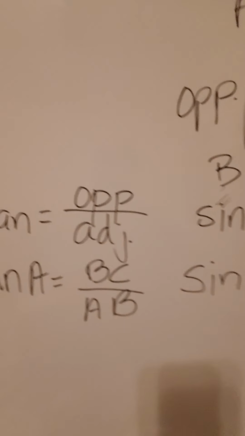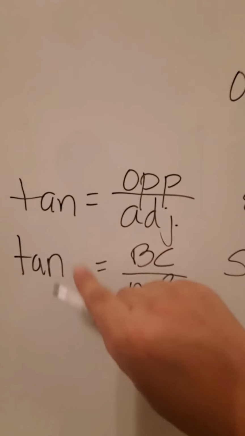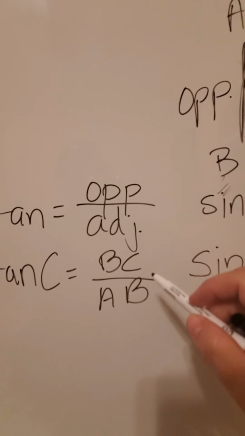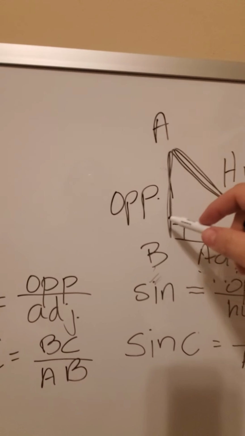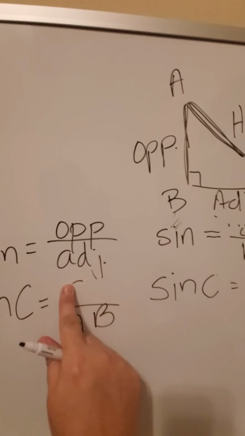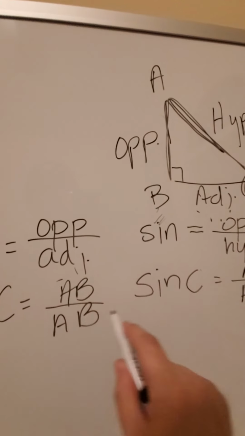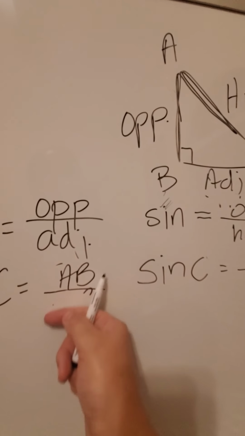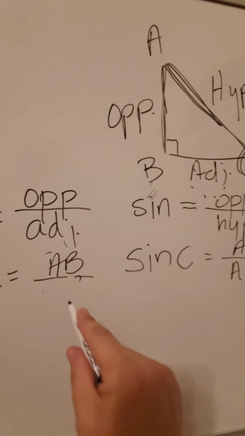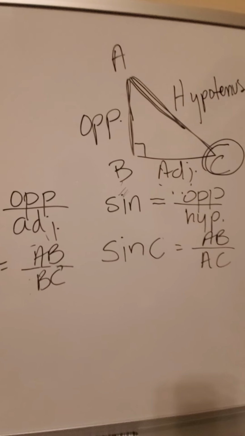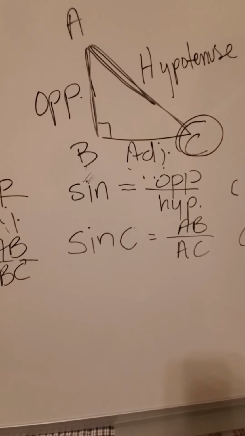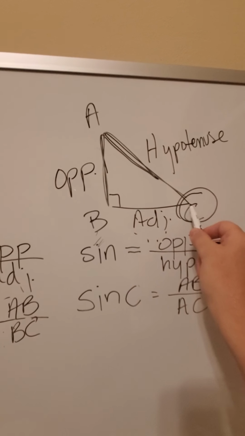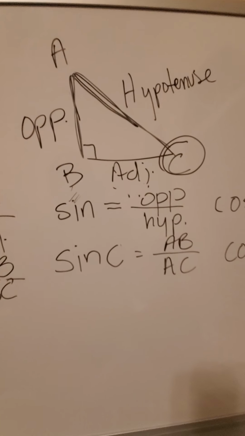And then if I change this back to tan of C, opposite over adjacent, these are actually going to swap, because now opposite has become AB, so AB would go on top, and adjacent is BC, so I'm going to put BC down here. Now if you notice, I can't do sine, cosine, or tangent of angle B because that's the right angle. I can only do the two corners up here. So I'll let that soak in.